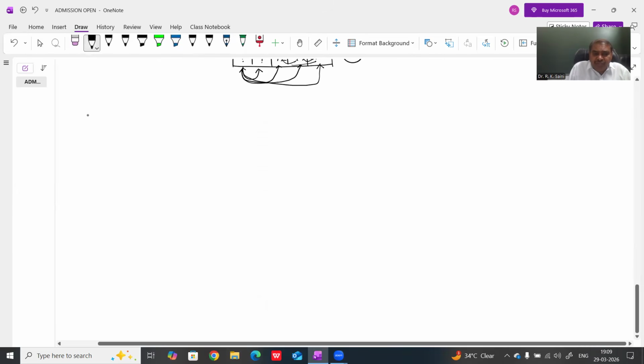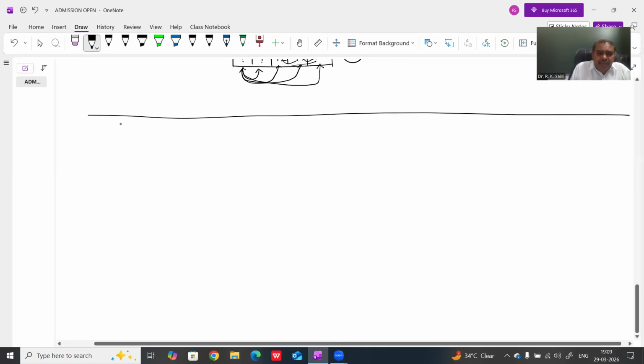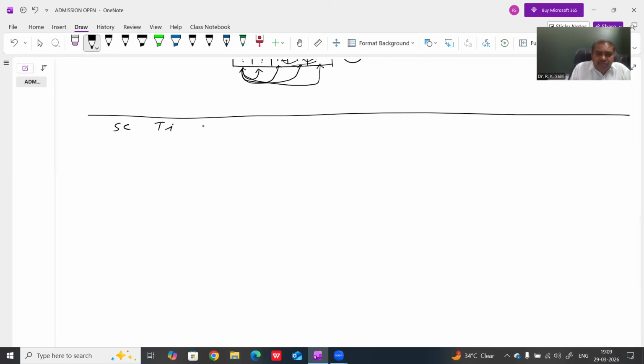First of all, we write the electronic configuration of the 3d series, namely scandium, titanium, vanadium, chromium, manganese, iron, cobalt, nickel, copper and zinc. The differentiating electron enters the 3d orbitals. The inert gas before the 3d series is argon.